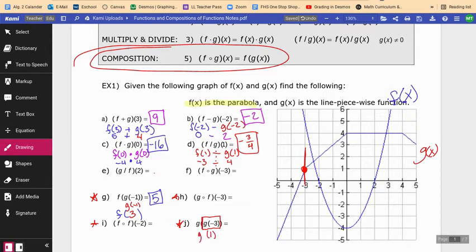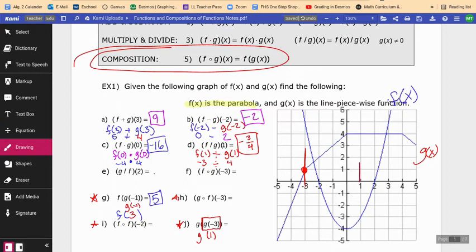And then I'm going to do g of 1, which has a value of 4. So it has an output of 4 now. So g of g of negative 3 has a final output of 4. So we're just kind of doing two problems in one when it comes to this.